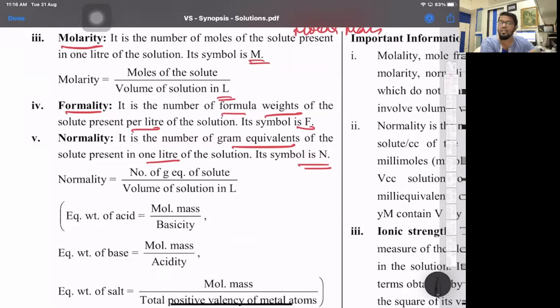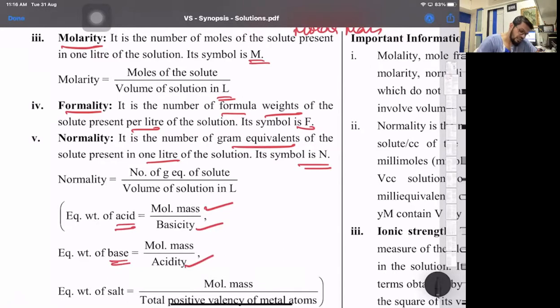So equivalent mass or equivalent weight is that weight which displaces 1.008 parts by weight of hydrogen, or 8 parts by weight of oxygen, or 35.5 parts by weight of chlorine. That's the equivalent weight. So we have 4 different types of equivalent weights to talk about. Quickly, equivalent weight of an acid or a base is the molar mass divided by basicity or acidity.